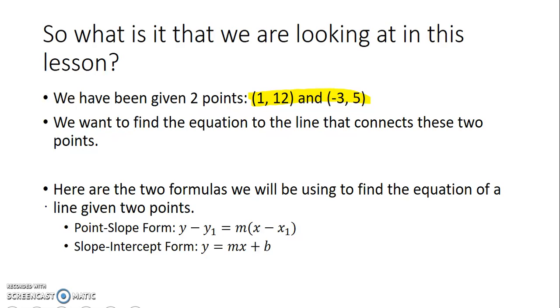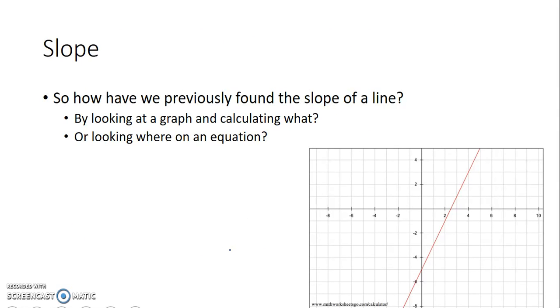Okay, but before we can really get into plugging in the different points and everything else into these forms, we need to look at our slopes. So looking at slopes previously, if we were looking at this graph here, how would you calculate the slope?